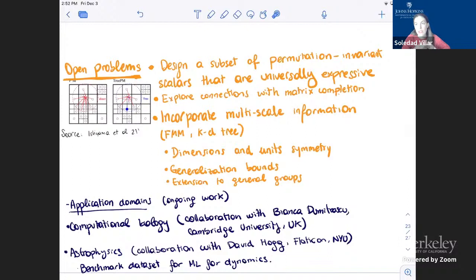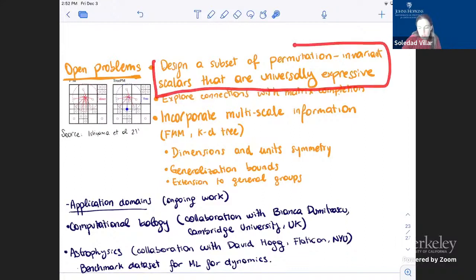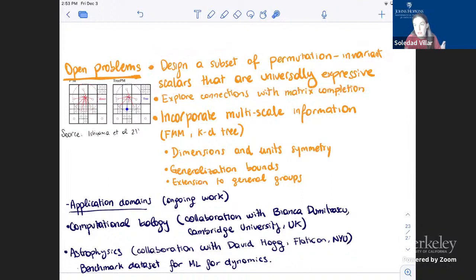So instead of looking at all inner products, maybe I want to look at a set of inner products which is permutation invariant and also universally expressive, because typically in these particle simulations, all the particles are interchangeable.